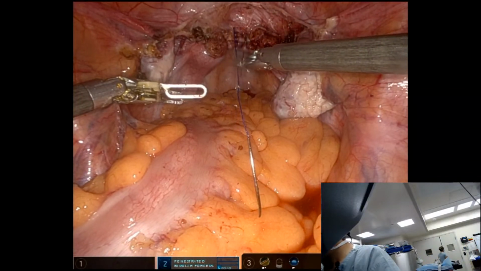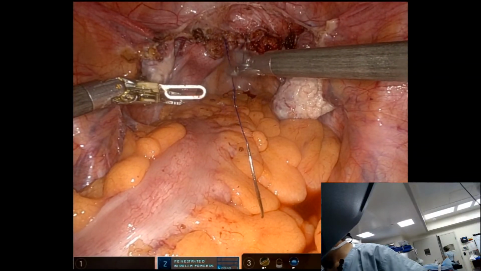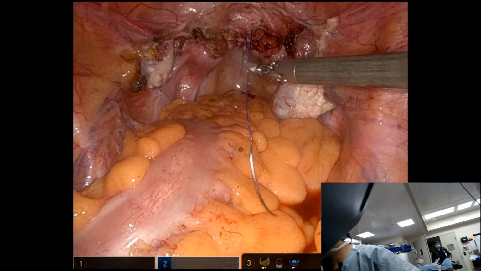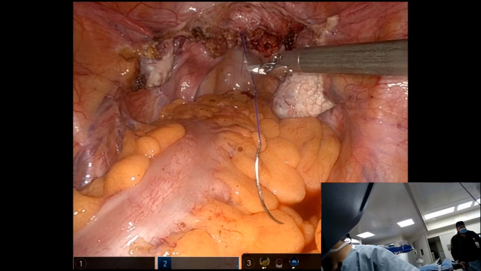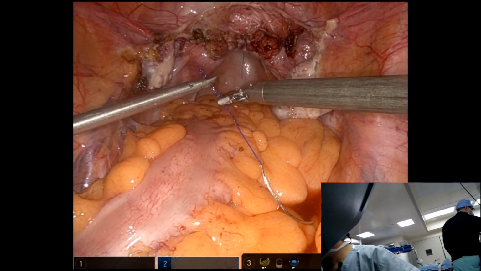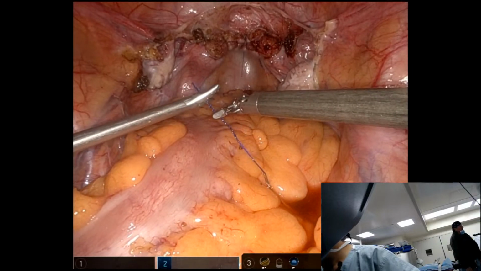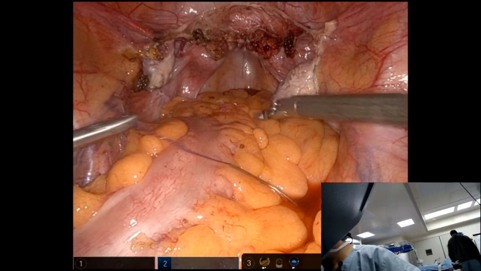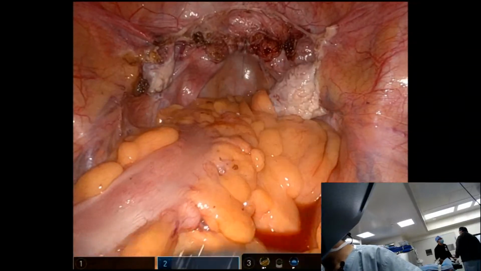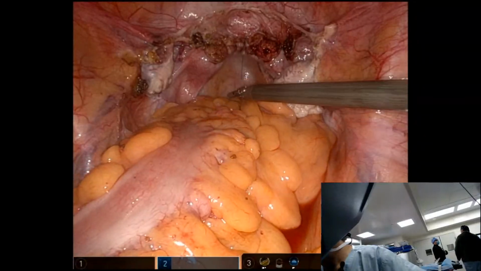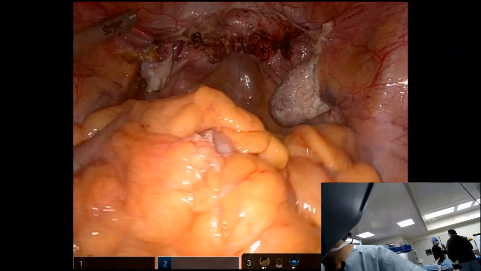At this point we finish the procedure. We're removing the sutures, and I will irrigate to remove those clots from the pelvis.